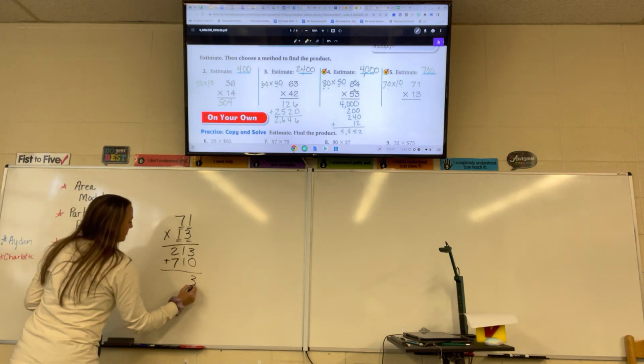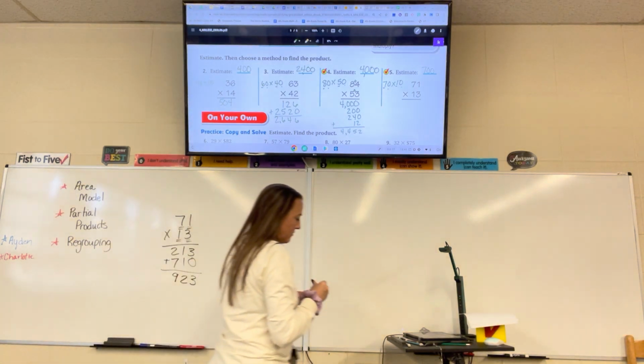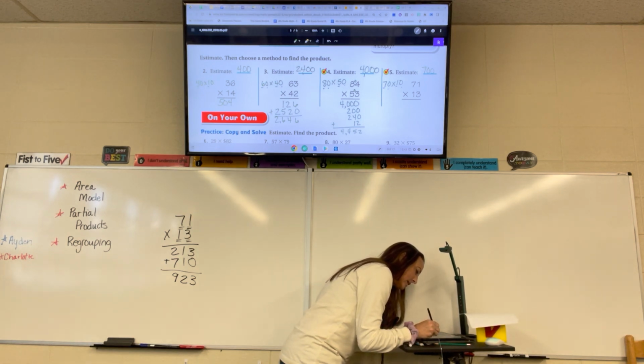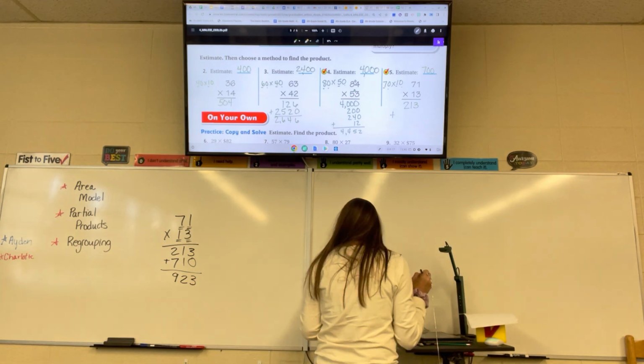Stack them and add them. 923. Is that fairly close to our estimate? Yes. Okay, so 213 plus 710.